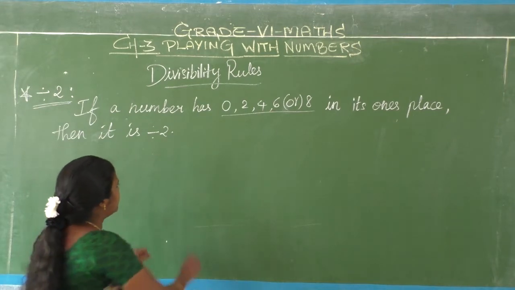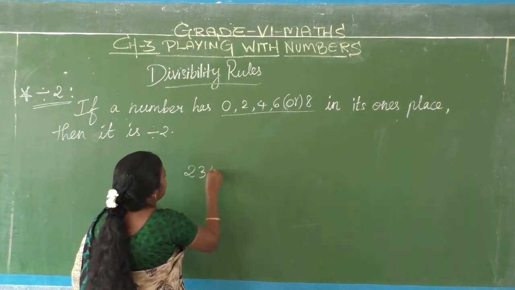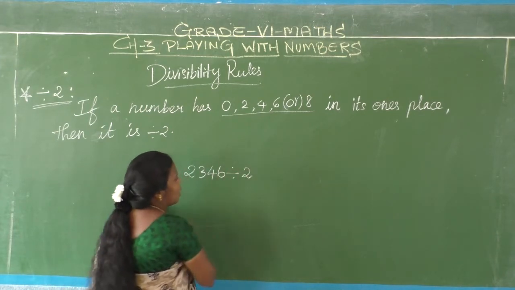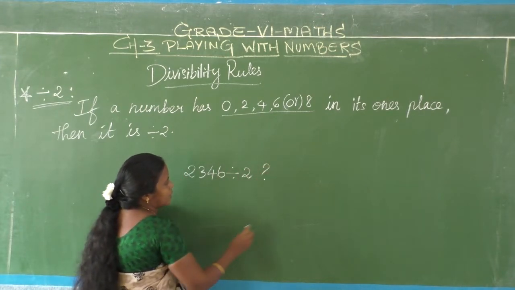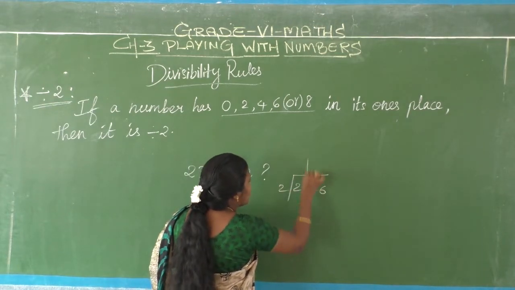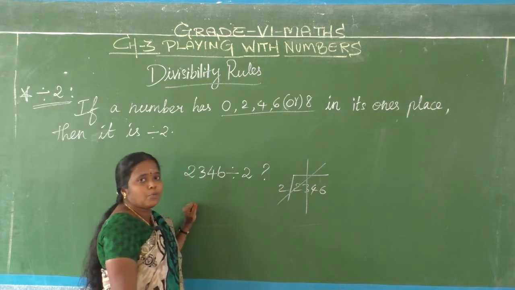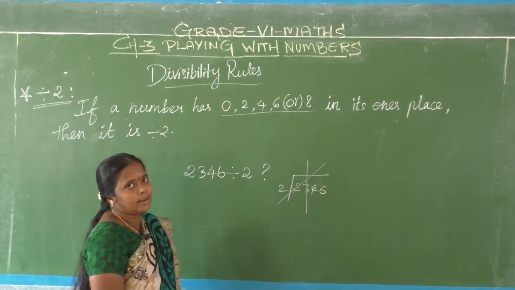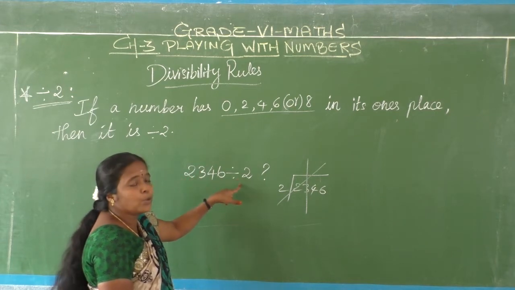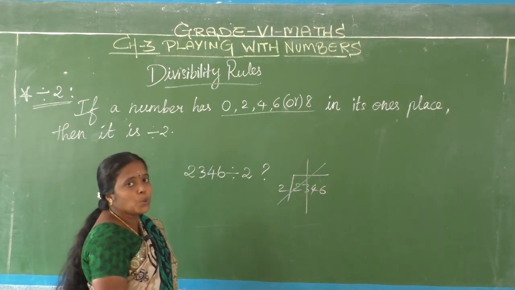See, for example, 2346. Is this number divisible by 2 or not? How do you check? Normally, like this, dividing? No, that type of work is not necessary here. We will check whether it is divisible by 2 or not using the rule.